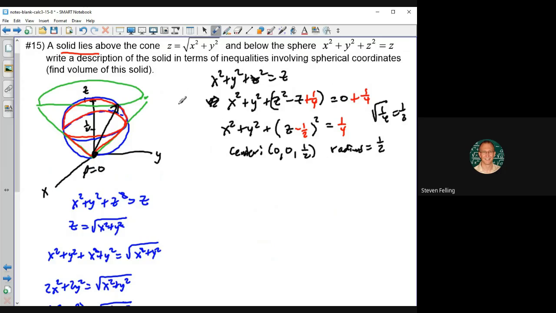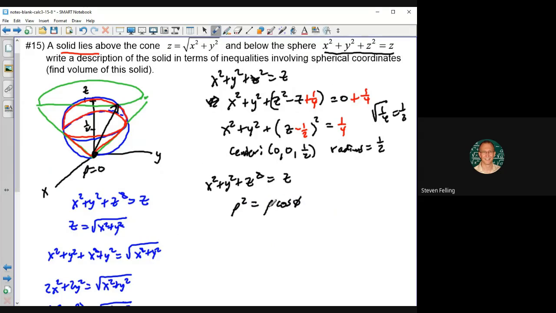So let's take the equation as originally defined, x squared plus y squared plus z squared equals z. And I'm going to substitute expressions for rho and phi here. So this left side is just equal to rho squared, and z is rho cosine of phi.